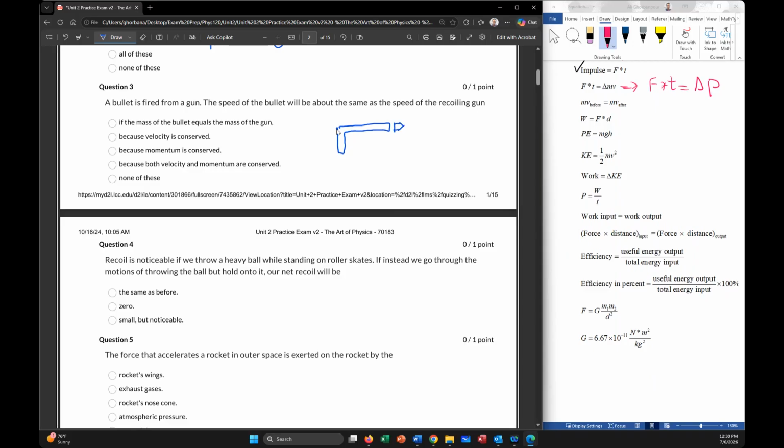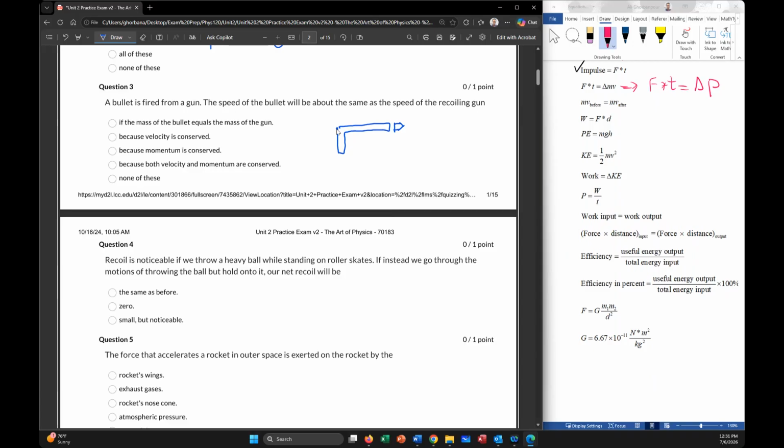When the bullet was inside the gun, not fired yet, the system momentum was 0. Good, before firing. Now it's fired. So what happened? The bullet goes forward, and then the gun goes backward.